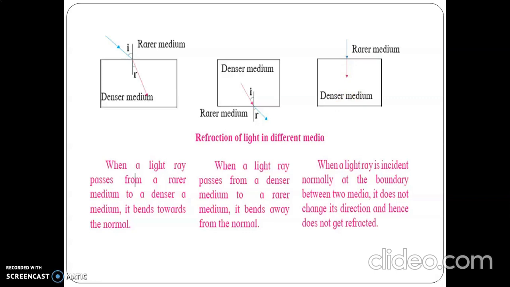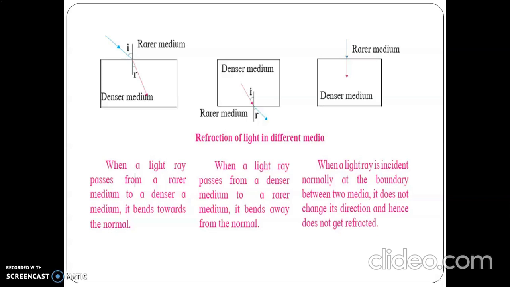So in this video, we studied the difference between reflection and refraction. Reflection is bouncing, refraction is bending. Please remember these two words properly, bouncing and bending. Then we studied the laws of refraction.